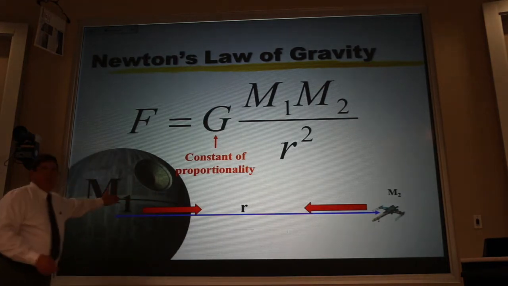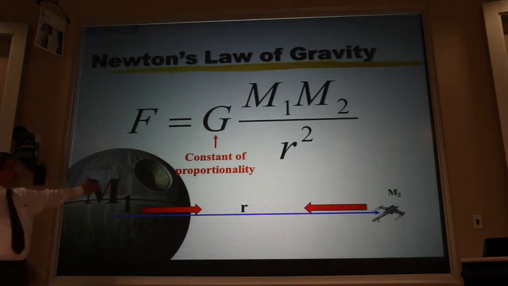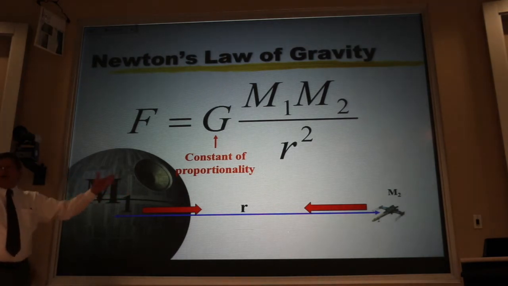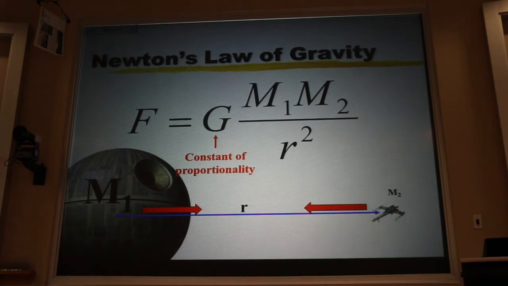Let's say m1 is big, 1,000,000, and m2 is small, it's 2. Well, 1,000,000 times 2 is 2,000,000. If you want to know the force on the other object, switch them around. 2 times 1,000,000 is still 2,000,000. When you take the product, it doesn't matter which way you do it. 1 times 2 or 2 times 1.